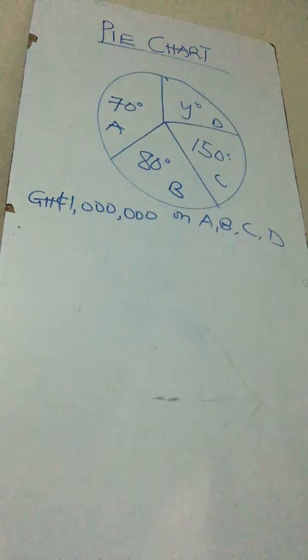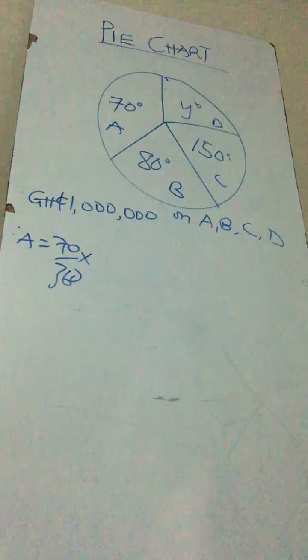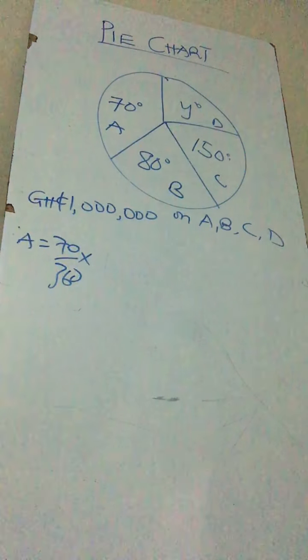Okay. Now the question says find how much each segment or each expenditure pattern had. So just as we did, you take A, 70 over 360 times 1 million. So you do it and then you solve it. As simple as that. Please, are you okay?